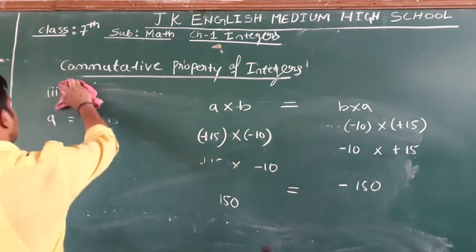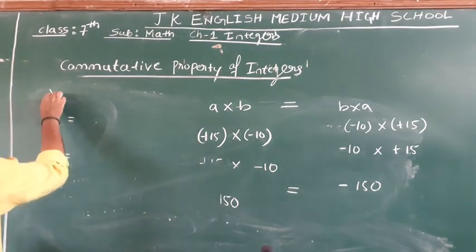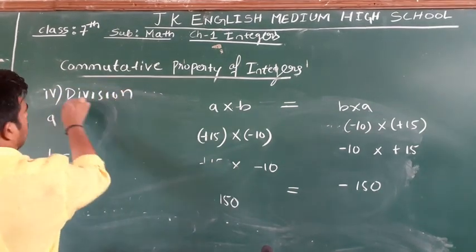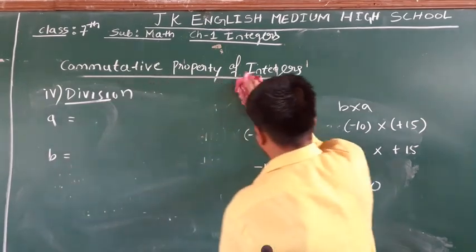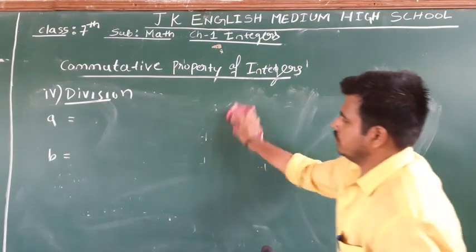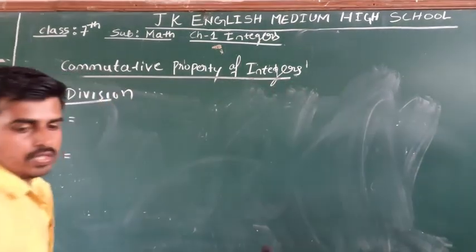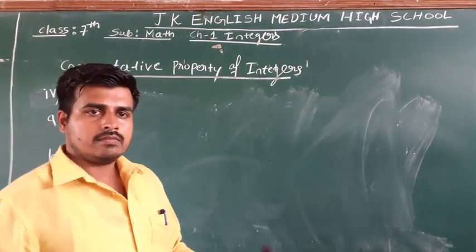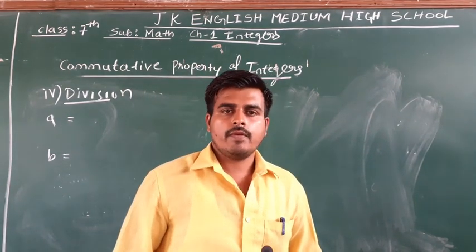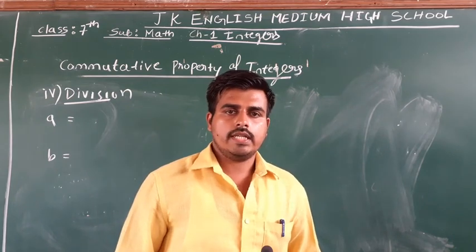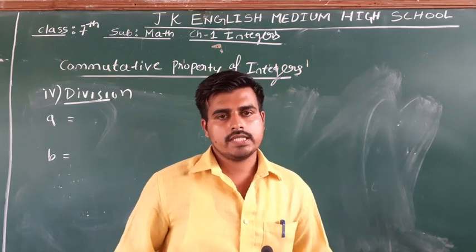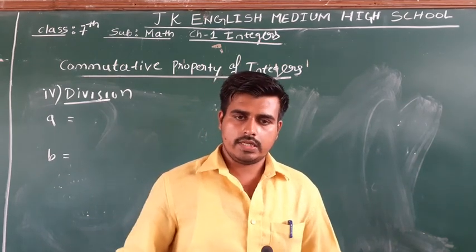Last one is division. Same again, choose any two operands a and b. If a divided by b, that is a by b, is equal to b by a, then you can say integers are commutative under division. If your answer differs, it's not.